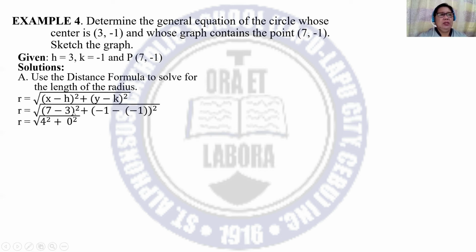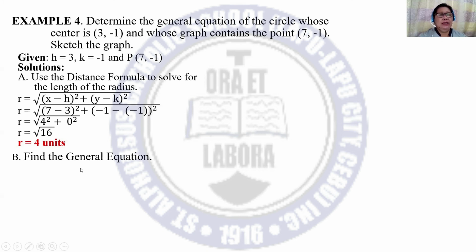Then 7 minus 3 is 4. Negative 1 plus 1 is 0. 4 squared is 16. 0 squared is 0. And the square root of 16 is 4. So, the value of the radius is 4 units.